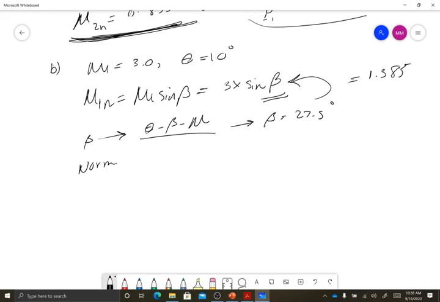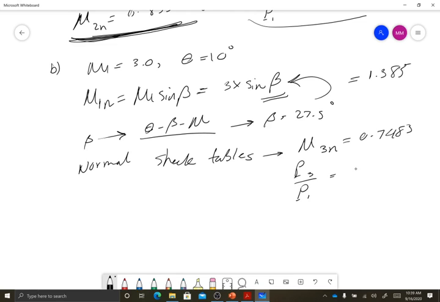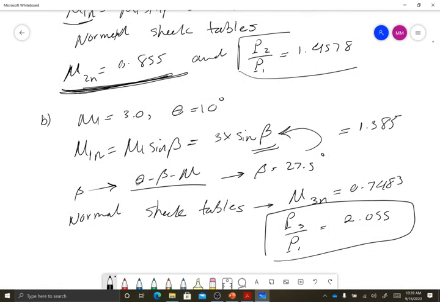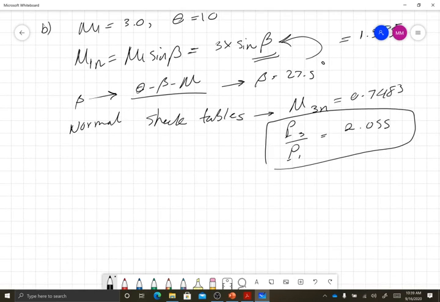Normal shock tables again: the normal component of the Mach number after the shock wave is going to be 0.7483, and P3 over P1 is going to be 2.055. So we have the answer to part B, and part A of the problem.